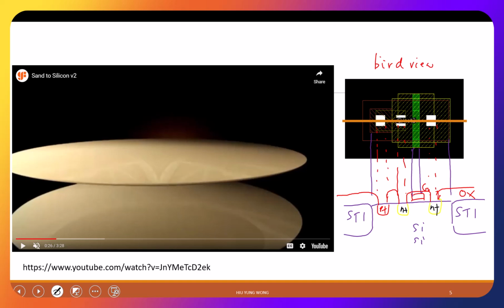That's why this is also called the floor plan. Sometimes they call it the floor plan when you do the design, but when we talk about floor plan, we think about the whole circuit. Then, if you look in this direction, where we are cutting it here, this is the cross section, and that is what I'm showing here.